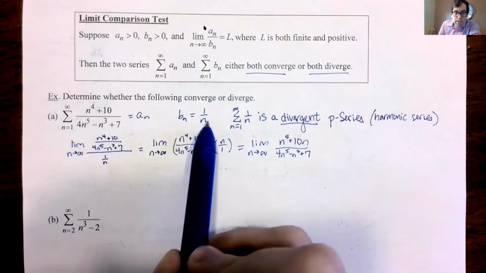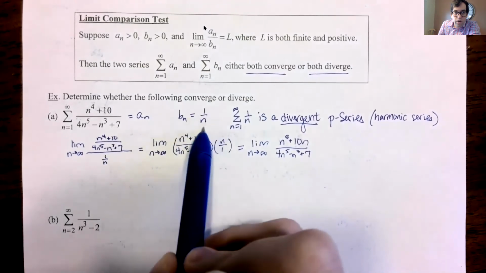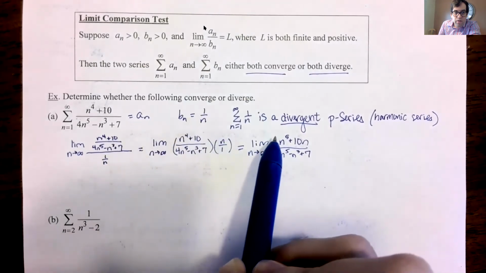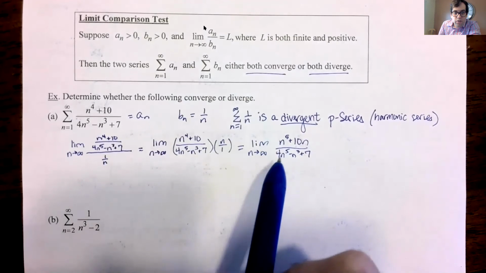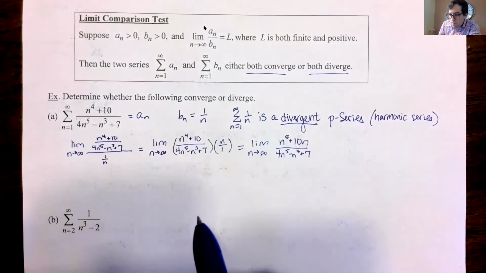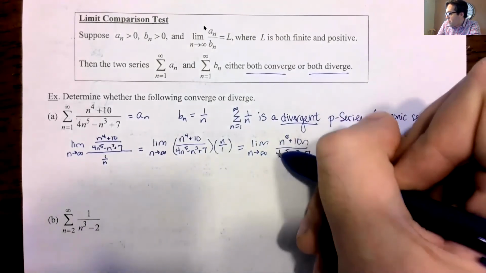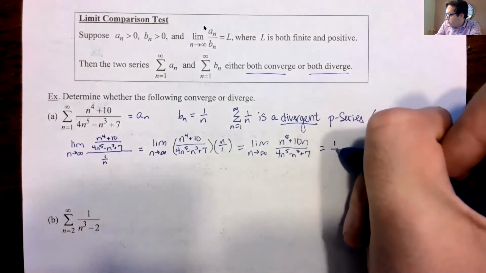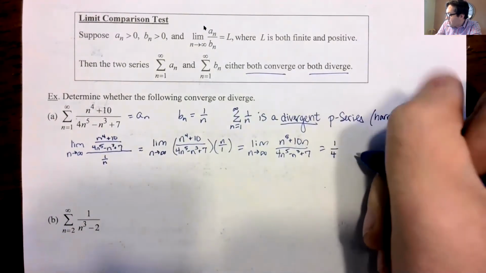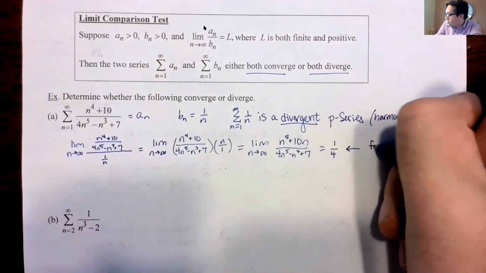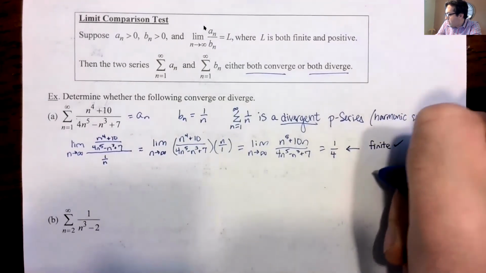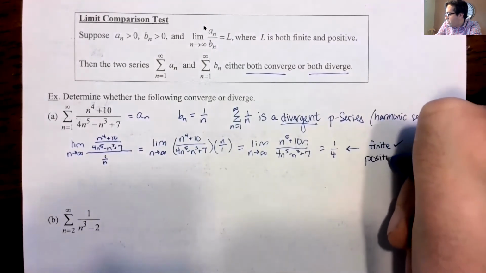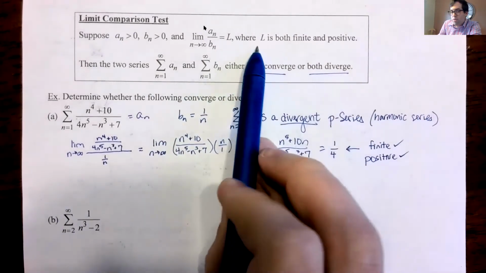That's why it was important that we made b sub n 1 over n, because now it made us have two n to the fifths, which means the exponents are the same, so we divide the coefficients, so this equals 1/4. And last time I checked, 1/4 is finite and positive. So that is a very good capital L.